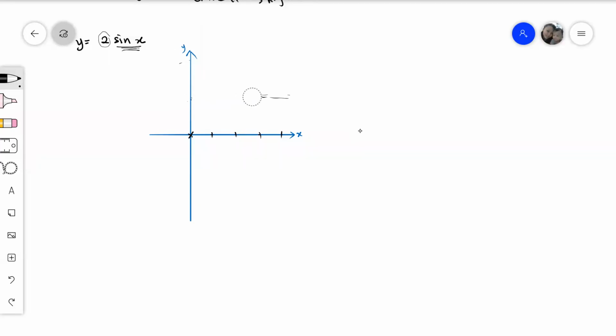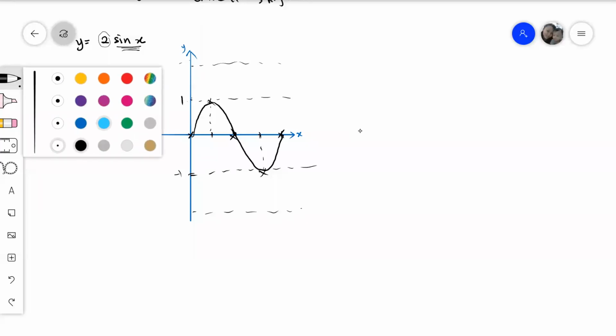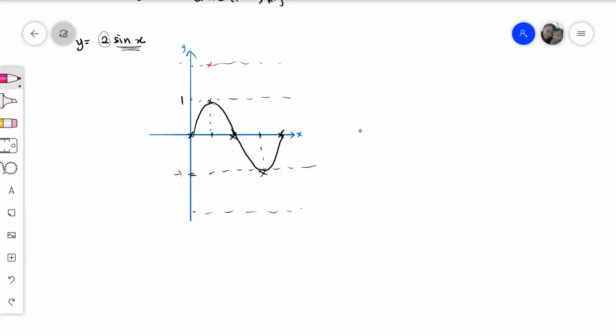If you plot the sine x graph, this is 1, isn't it? So you have 0, maximum 1, then -1 as our minimum, and then back to 0. If you want 2 sine x, you may add this, and your graph will stretch to this maximum and minimum, like the red dotted line I plotted.